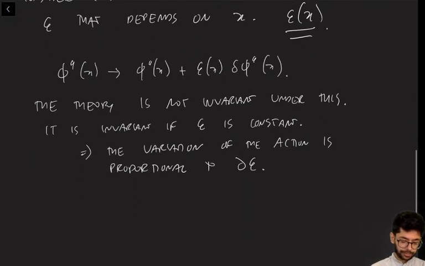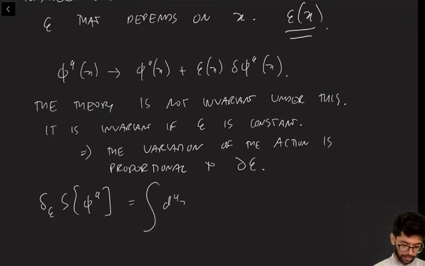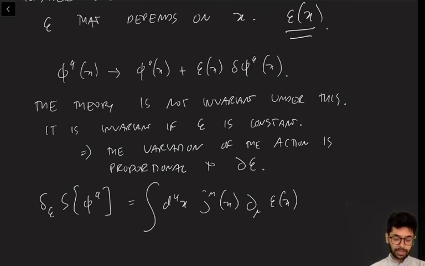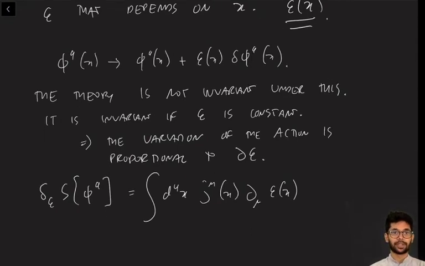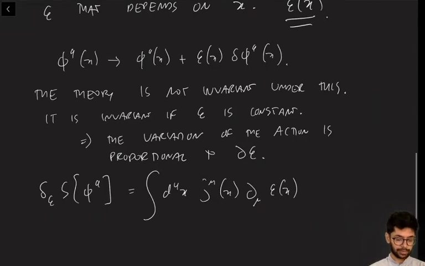So in particular, what this implies is that the variation of the theory under this transformation must take the form d4x j mu of x d mu epsilon of x. Okay? So this is the most general form of the variation that's consistent with everything that we've done.